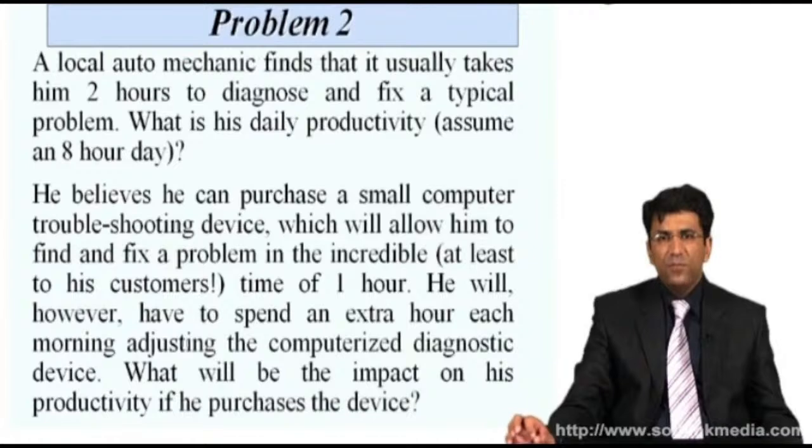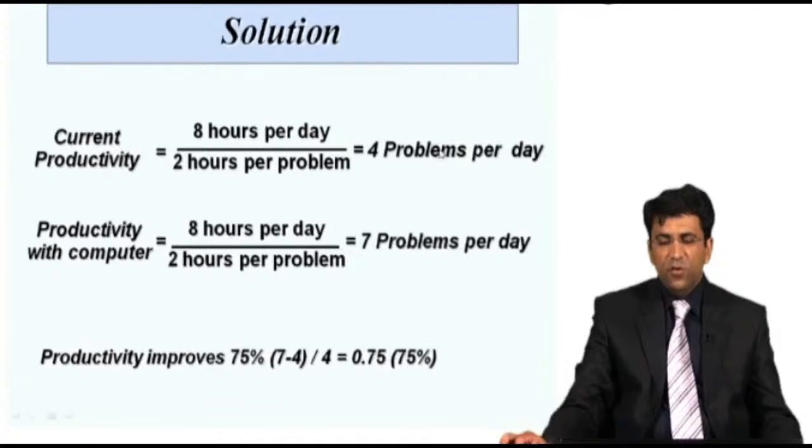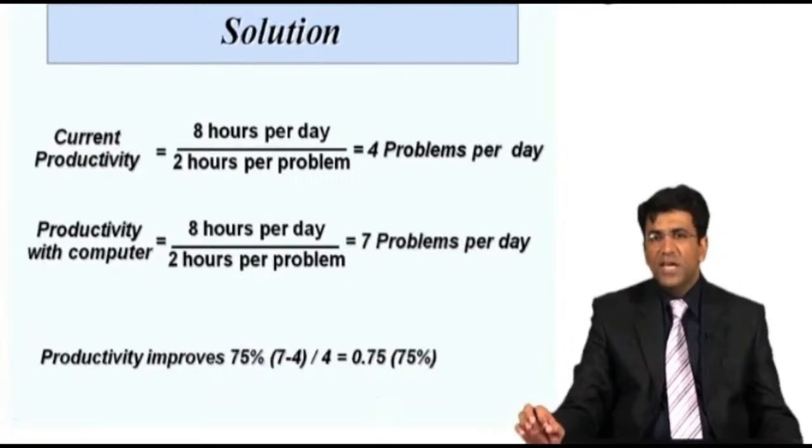So he can solve 7 problems in a day now. So this is his new productivity, that is 4 problems per day, now 7 problems per day. And again, the improvement in productivity is equal to new productivity minus old productivity divided by old productivity multiplied by 100. This will be equal to 75%. So by using that particular device or the software, he was able to improve his productivity by up to 75%.